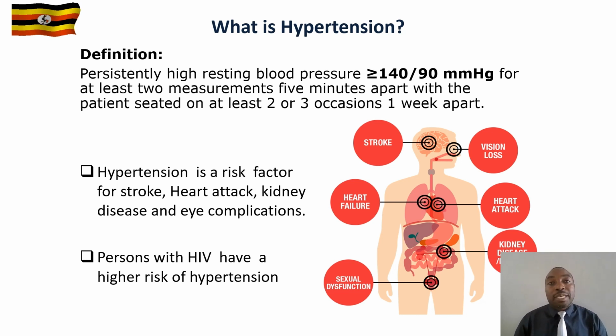But we also know that HIV itself can cause HIV-associated nephropathy. What that means is that HIV damages organs. HIV can affect the heart, can affect the kidneys, and in so doing, lead to problems with blood pressure.